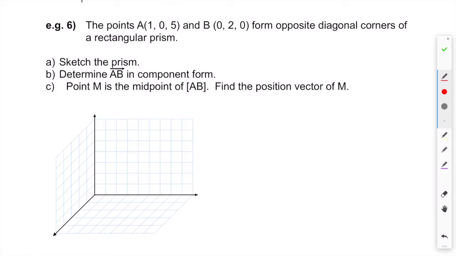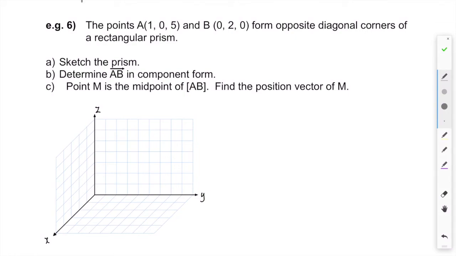So let's take a look at example 6. The points A and B form opposite diagonal corners of a rectangular prism. So let's sketch this prism. I have to find point A. Let me label my axes: this is X, Y, and Z. It forms that orthogonal.